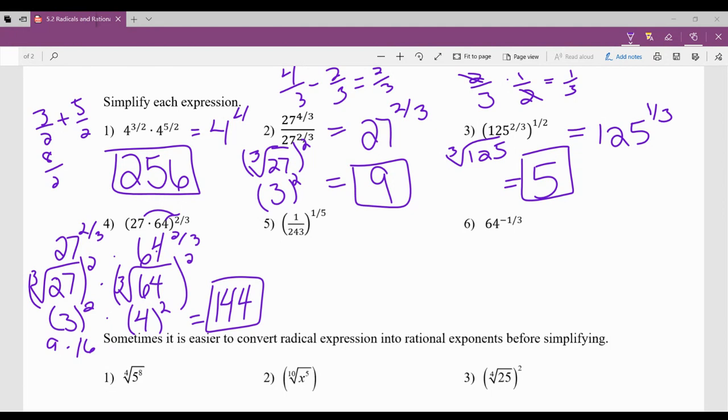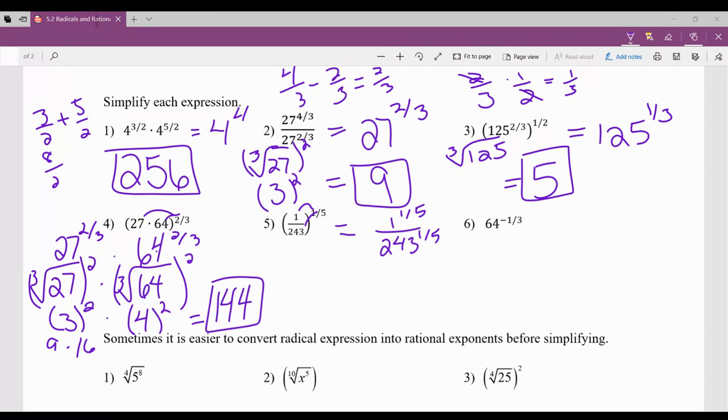All right, so same deal with number 5. We have a fraction and it's being raised to a power. So we can raise both the numerator and the denominator to that power. So 1 to the 1/5 over 243 to the 1/5.